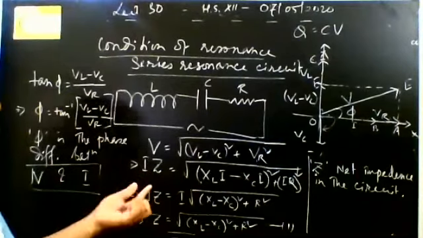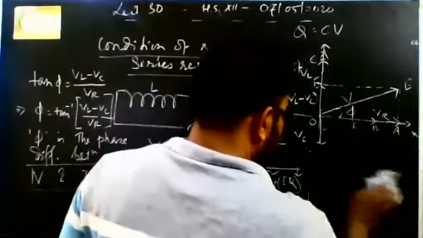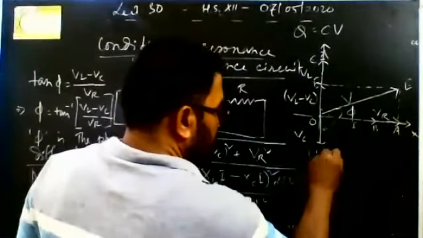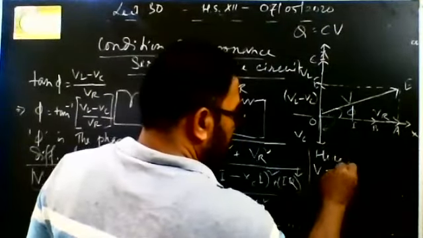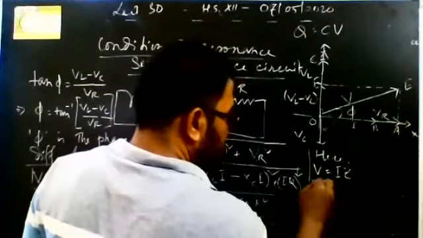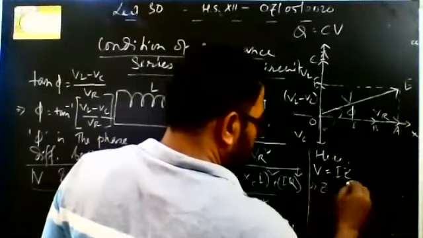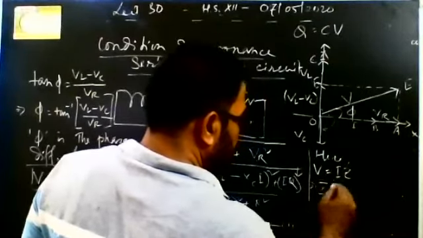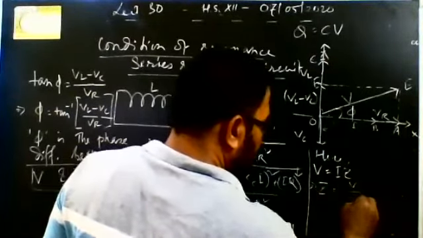We are writing V is equal to IZ. So resonance condition. Here V is equal to IZ, right? So Z is equal to V by I.